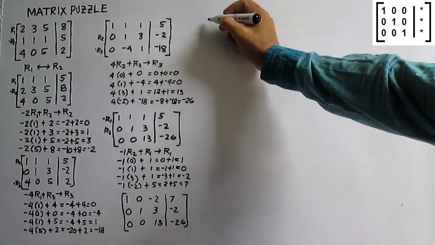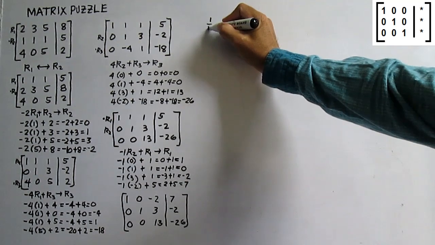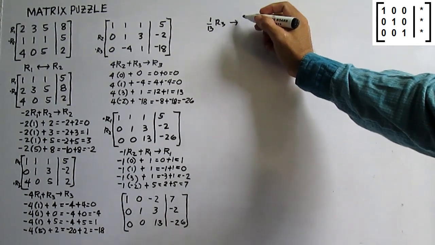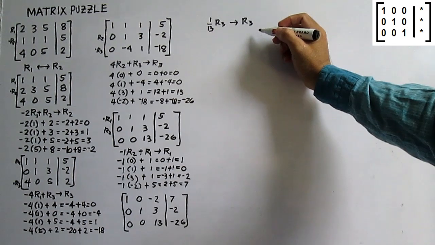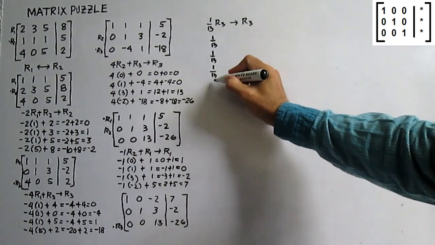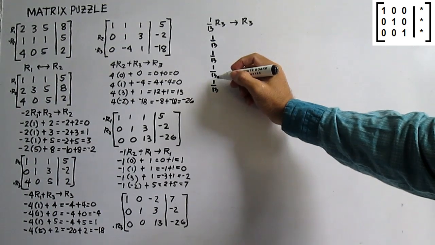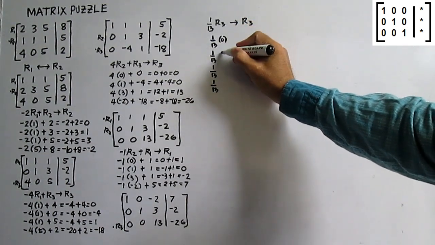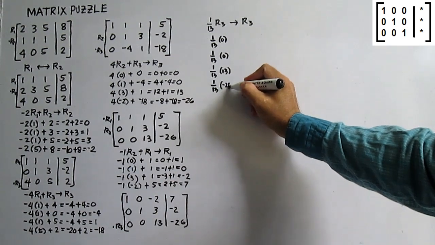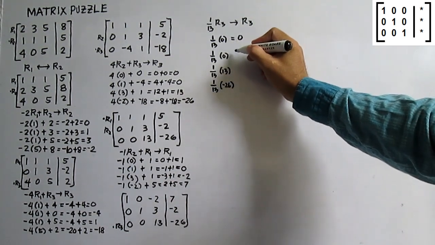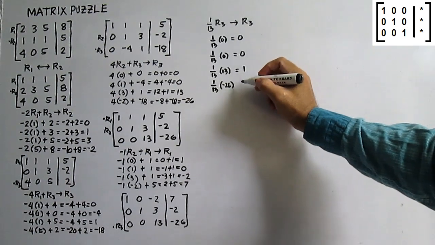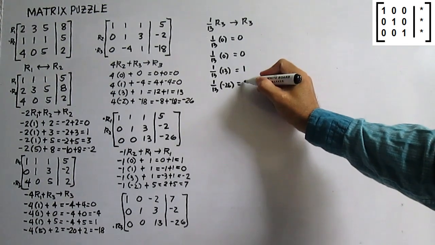Our statement is 1 over 13 times row 3 to replace row 3. 1 over 13 times 0, 0, 13, negative 26 is equal to 0, 0, 1, and negative 2.